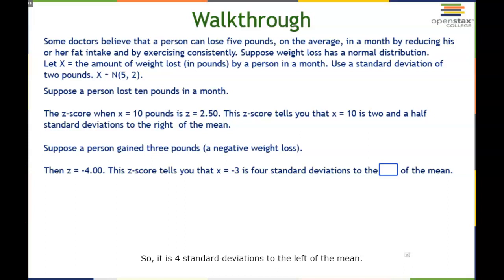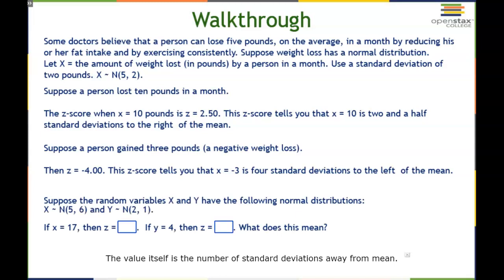So it is 4 standard deviations to the left of the mean. It is not negative 4 standard deviations to the left. It is 4 standard deviations, but it is to the left of the mean. Negative lets us know that it's left. Positive lets us know that it's right. The value itself is the number of standard deviations away from the mean.